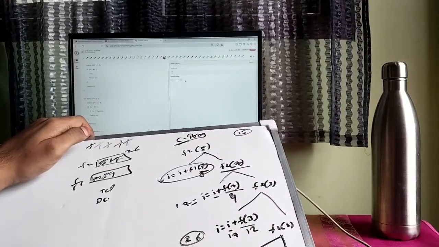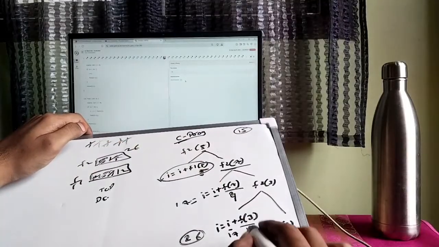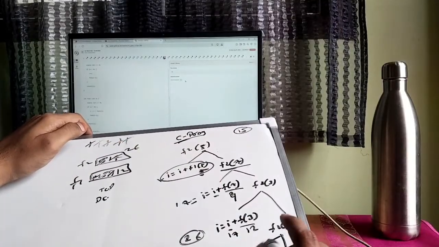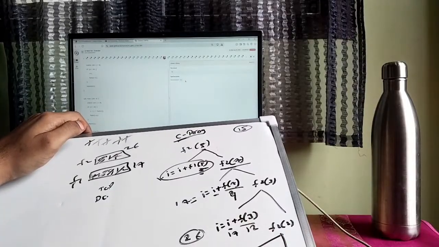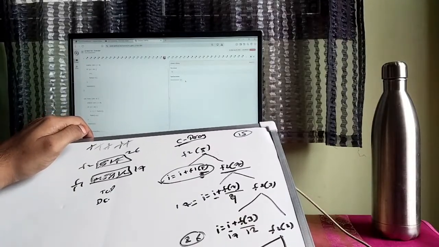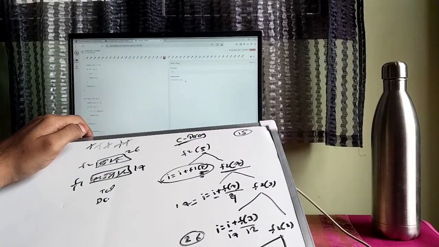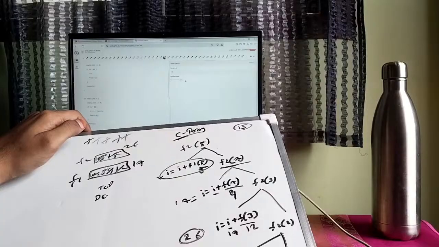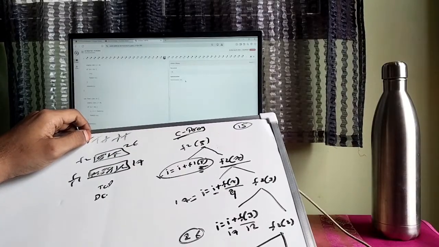Here f2 is 12, right, f2 means we have to add 2, so it becomes 14. And here I is 26, so it will become 50, oh, crossing more values. Okay, 26, what is I here, 26.